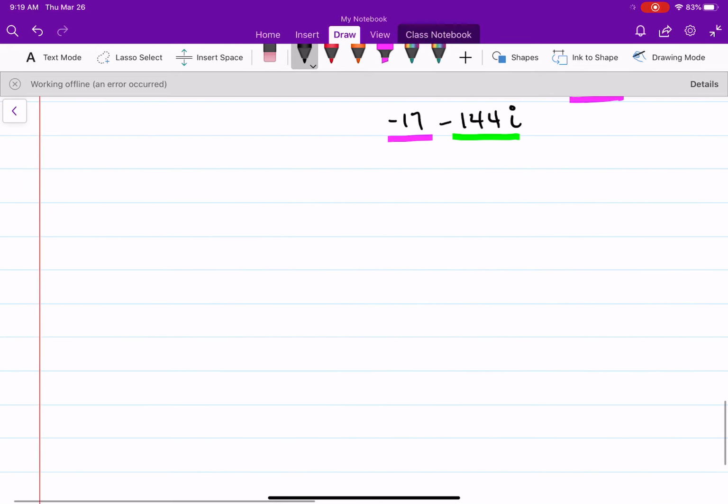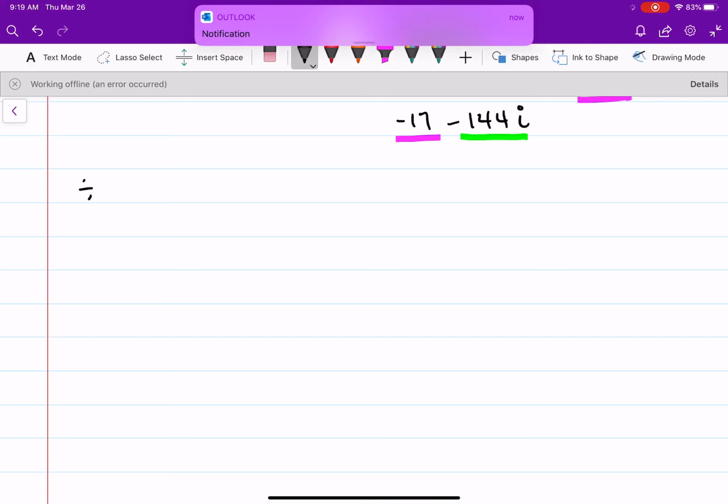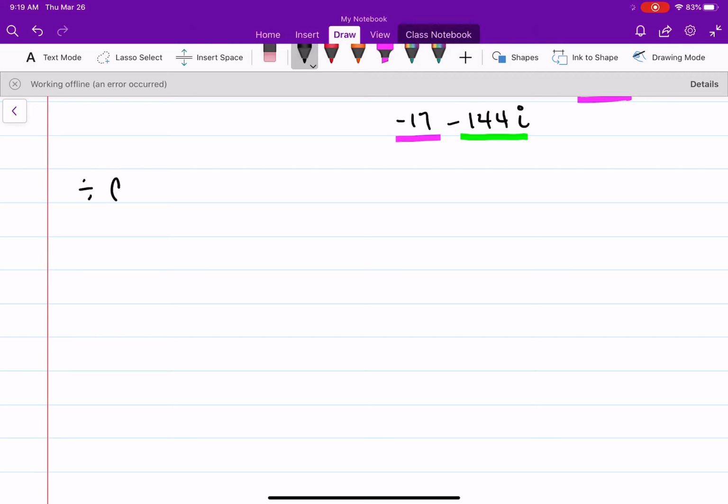All right, so let's skip into dividing. Okay, so you might have something like 5 divided by i.